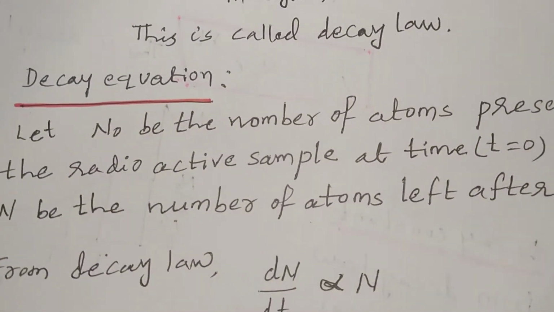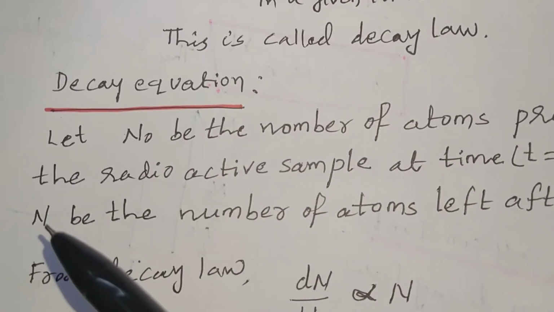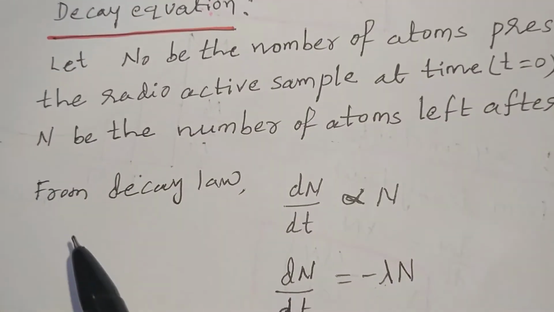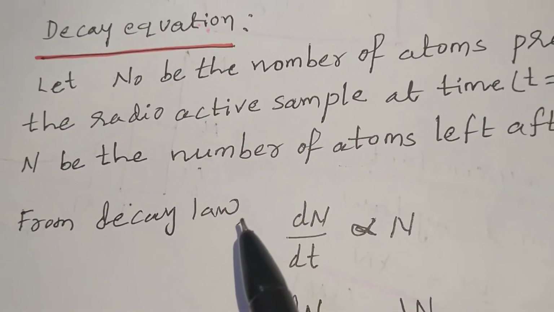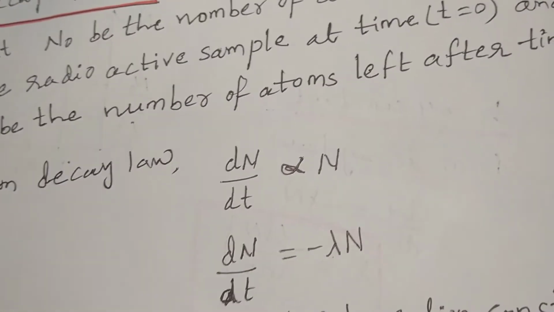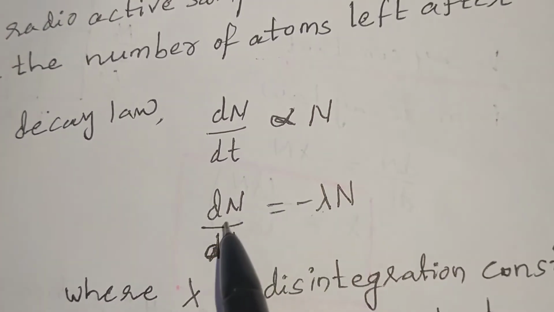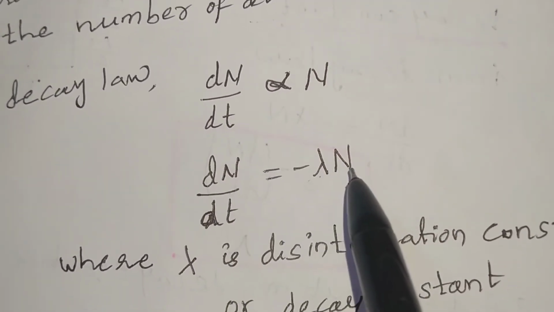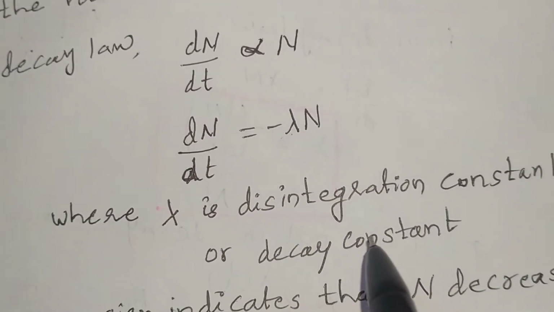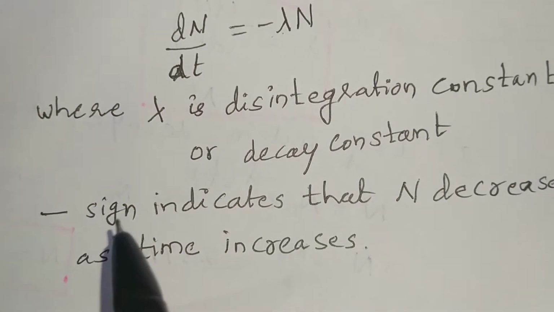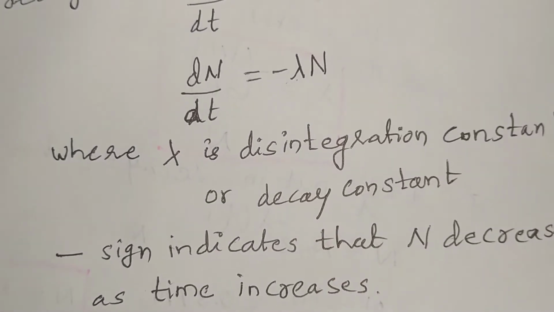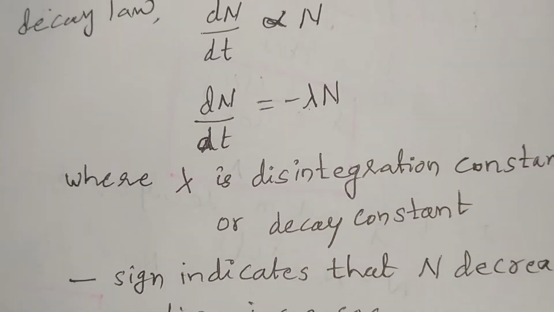From the decay law, dN by dt is proportional to N. Removing the proportionality, dN by dt is equal to minus lambda N, where lambda is the disintegration constant or decay constant. The negative sign indicates that N decreases as time increases. That is the significance of the negative sign.